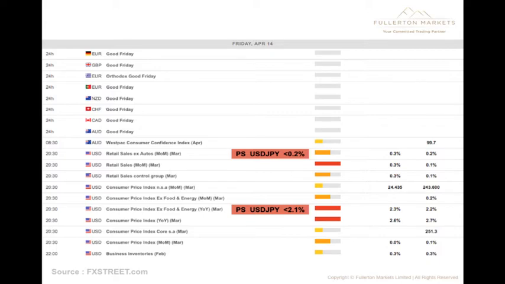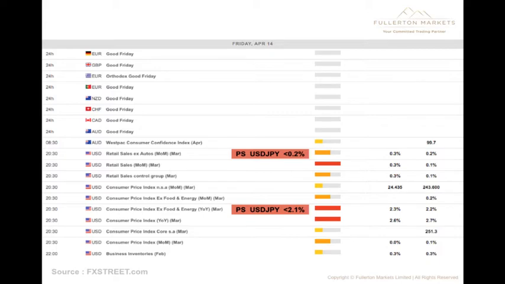So of course on Friday there are key US data. I've highlighted two. The first one is core retail sales. Core retail sales basically exclude automobile, the cars. So car sales is being excluded from this data. And of course the other one is consumer price index. This is the core CPI. Core CPI basically excludes food and energy.